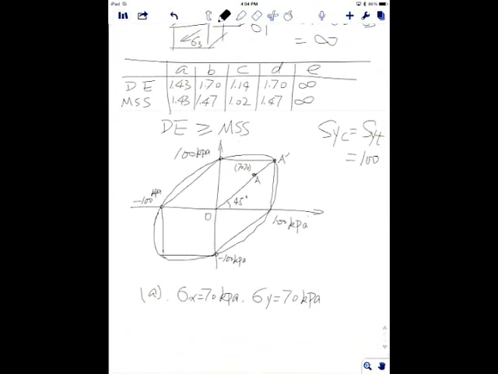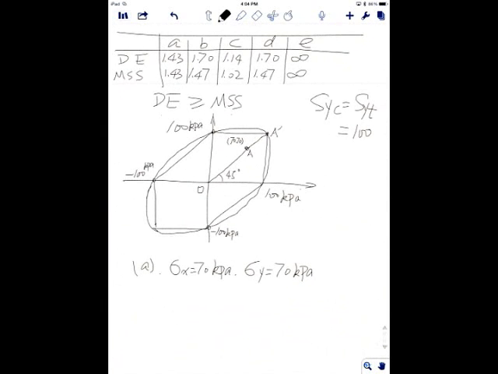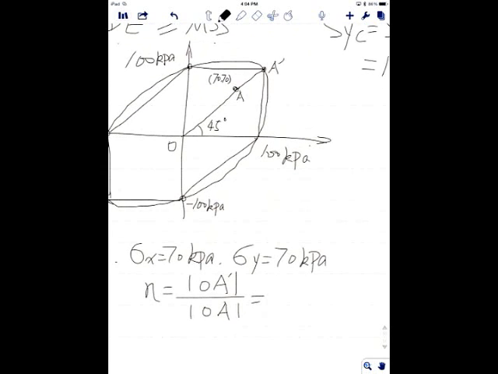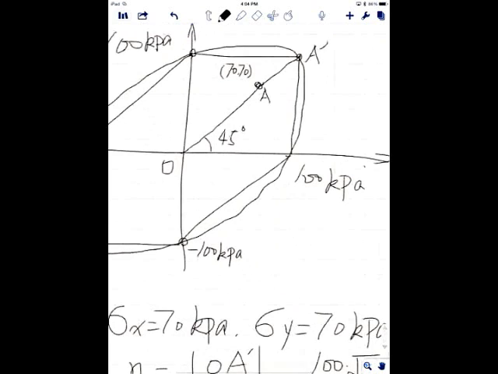So I say this design safety factor equals the length of OA prime divided by the length of OA. Do you believe me? Let's try it. OA, we know, should be equal to 100 times square root of 2, because it has 100 on the x-axis, 100 on the y-axis.